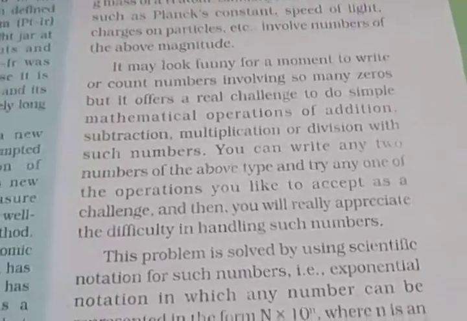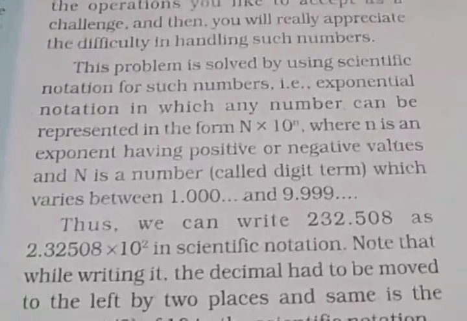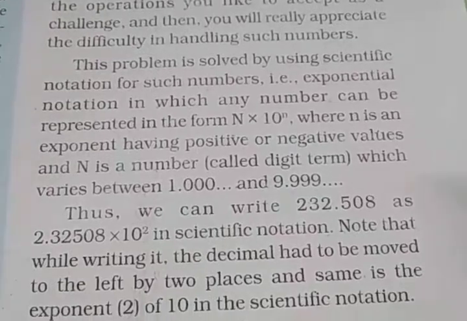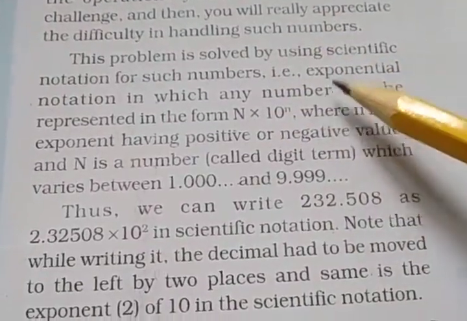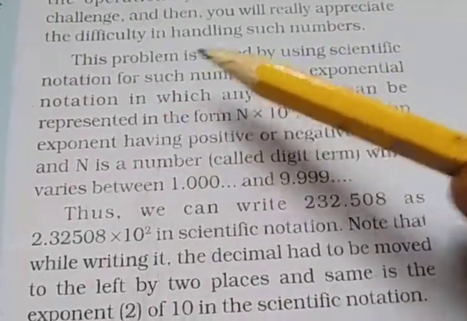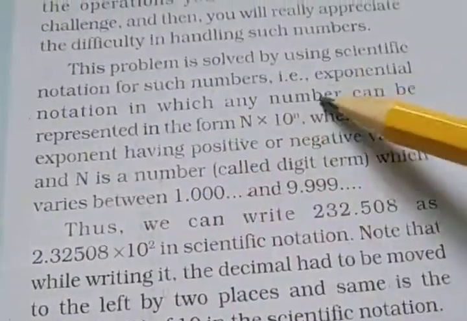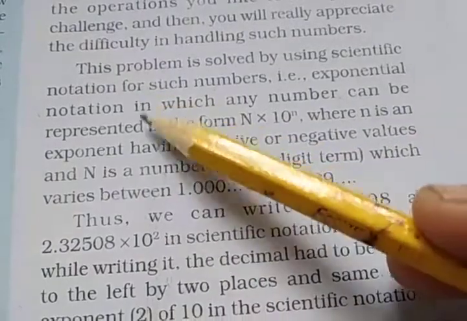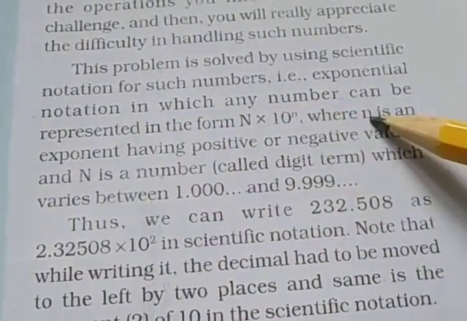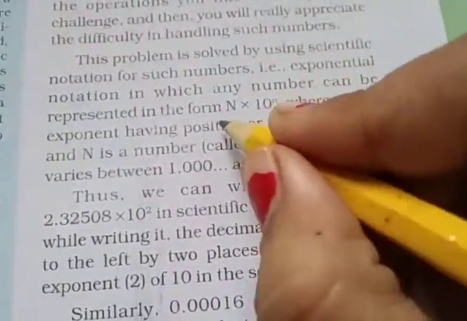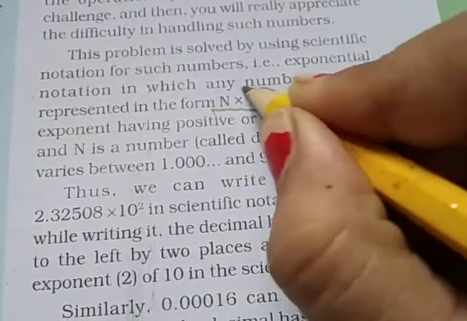This problem is solved by using scientific notation, which is also called exponential notation, in which any number can be represented in the form N into 10 raised to power n.